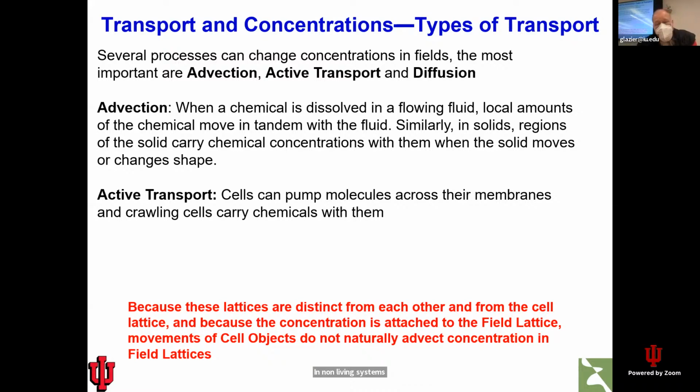And CompuCell is not going to support a lot of these, but it's important to at least be aware that they exist, be aware that we're not including them, and think about what the meaning of not including them is. In particular, there are three main kinds of transport in biology: advection, active transport, and diffusion, and CompuCell supports diffusion. And to a very limited extent, you can do advection or active transport, but it requires more work than we're going to do right at the moment.